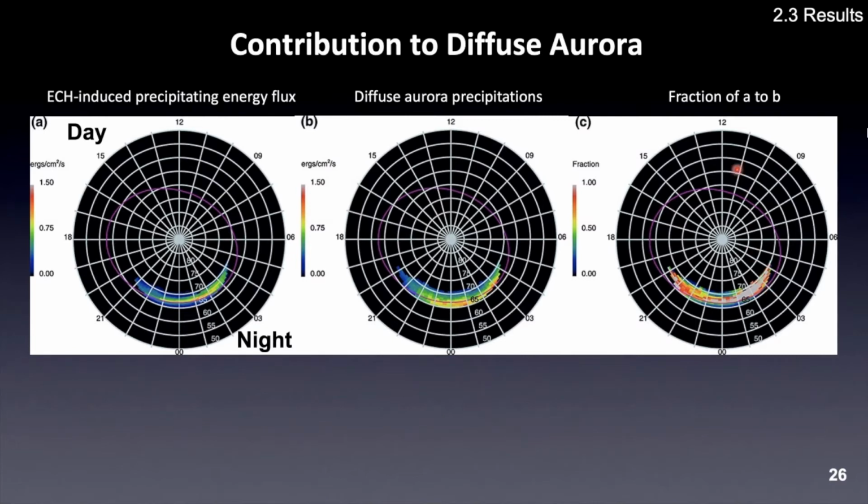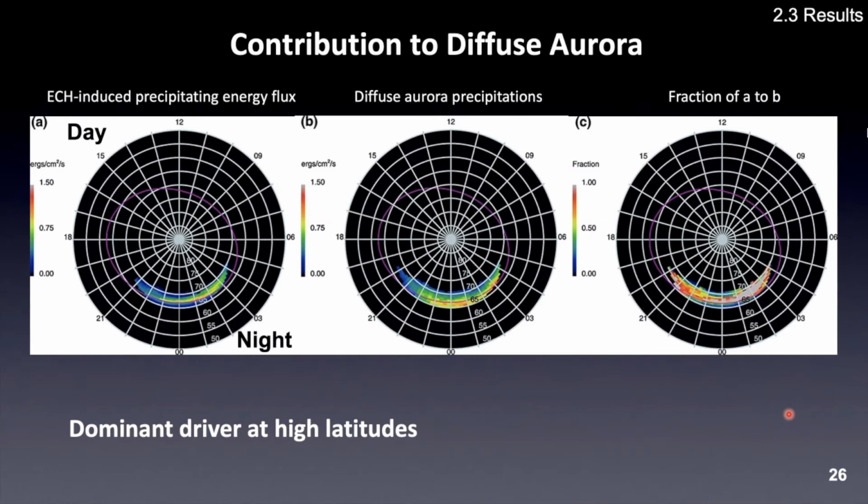We can see that this ratio goes to above 80% for the majority of the high latitudes, especially at greater than 66 or 67 degrees. What this indicates is that the ECH waves are the dominant driver of diffuse aurora at these high latitudes.